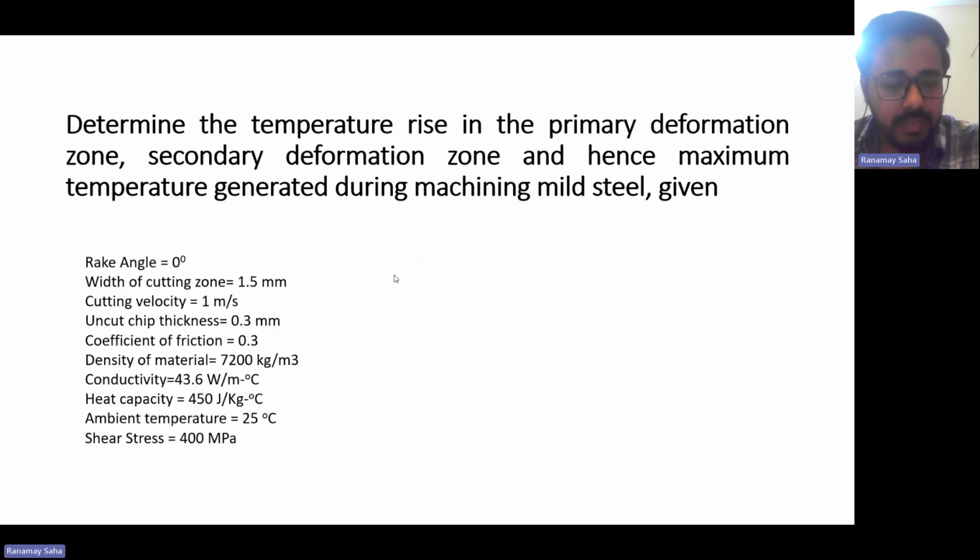Now you have to find out the plastic heat generation. For that you need the cutting force value in the primary zone, because the heat generation in the primary zone is owed to the cutting force and the cutting velocity factors. Again, in the secondary zone, it is related to the chip velocity and the friction force between the chip and the tool surface. Okay.